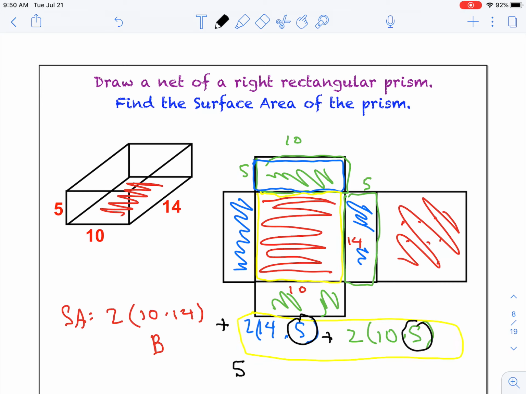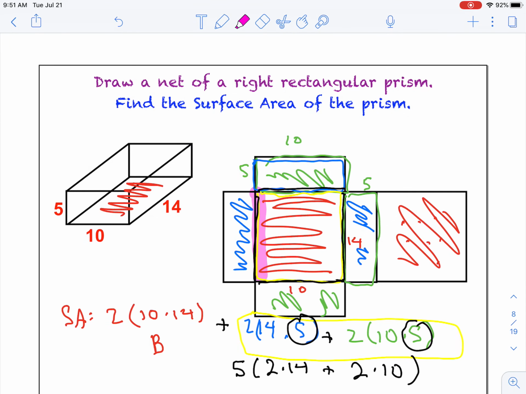So if we factor that out, we'd have 5 times 2 times 14 plus 2 times 10. And inside here, you have 14 and another 14, and you have 10 and 10.